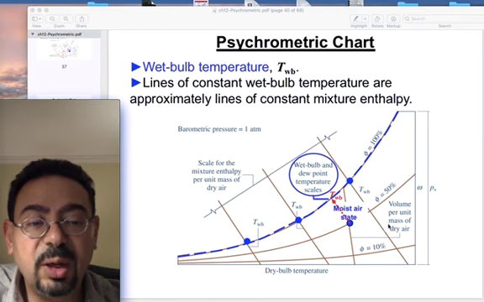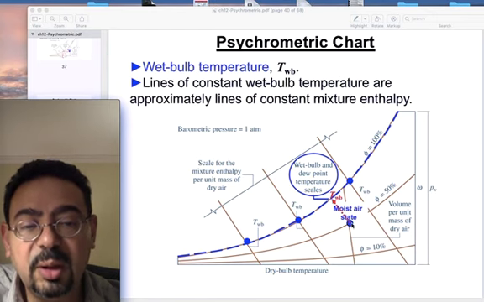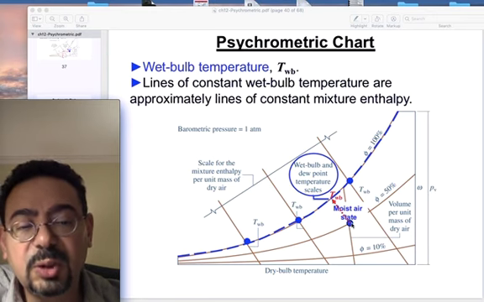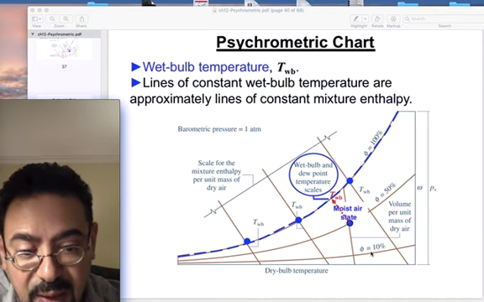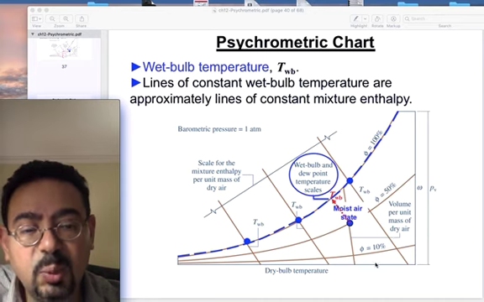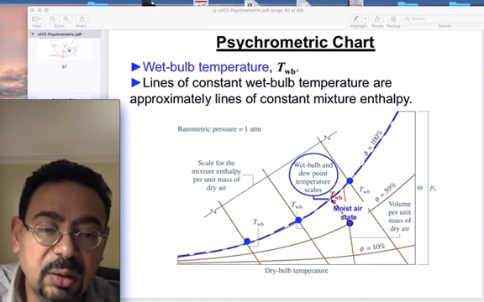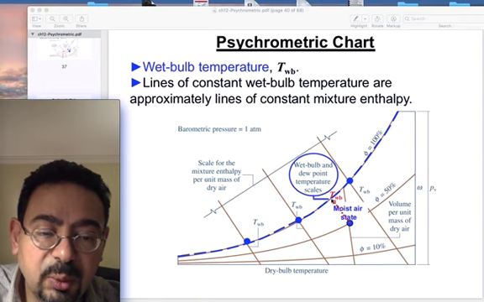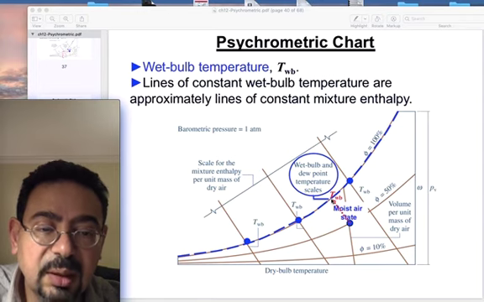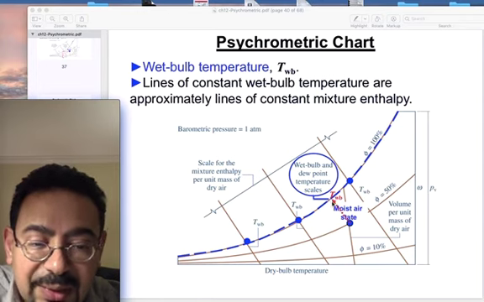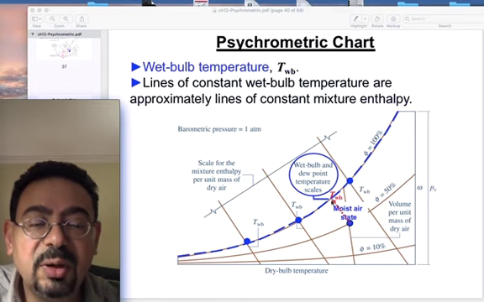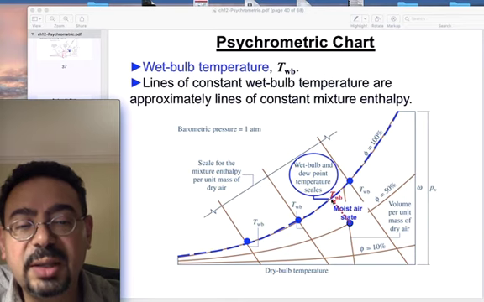If we are here, for example, and I would like to find out my wet bulb temperature, this whole line is one wet bulb temperature, okay? And so you can read it in the chart. It also happens that when the point is here, that is the dry bulb that comes over there. How is that possible? Because imagine you are at this point.